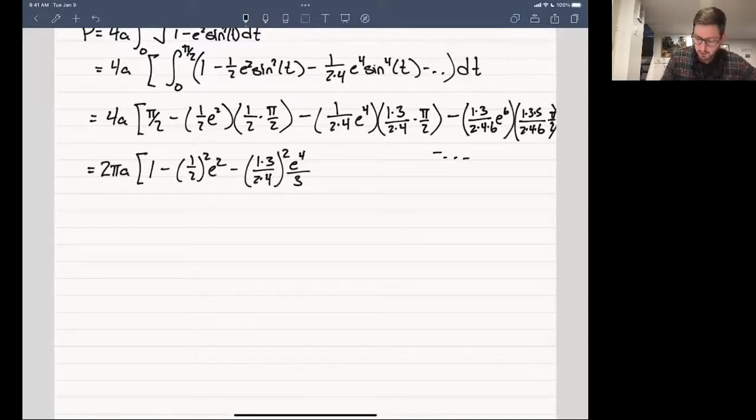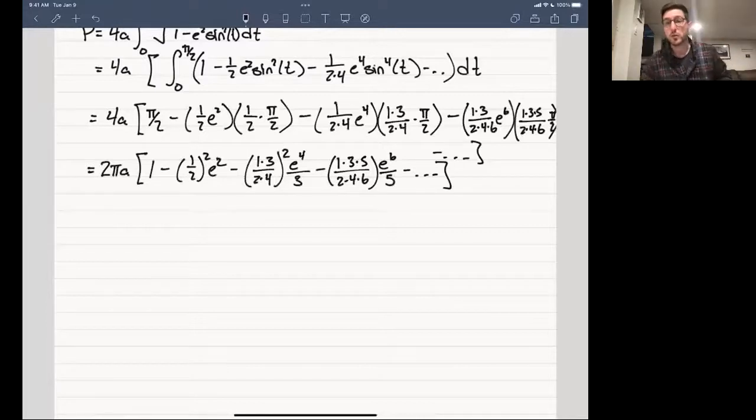I had to multiply and divide by 3 here to make that work. And then minus 1 times 3 times 5 divided by 2 times 4 times 6 e to the 6 over 5, and so on. I'm not going to do any more terms here because it's going to get super hairy. And again, this is for e less than 1.